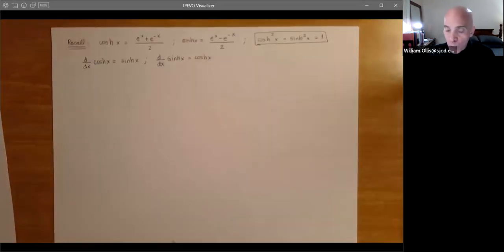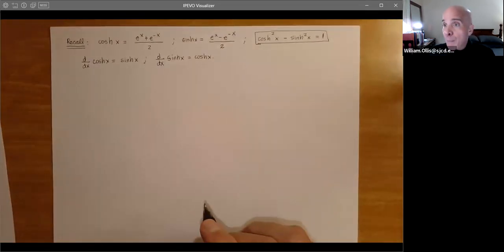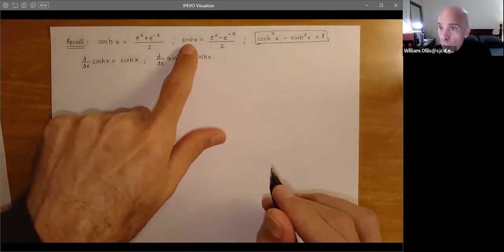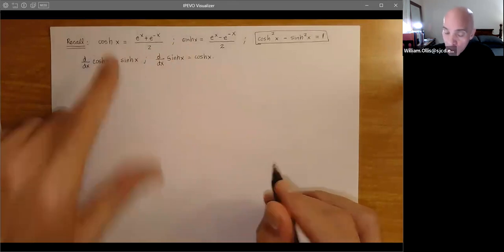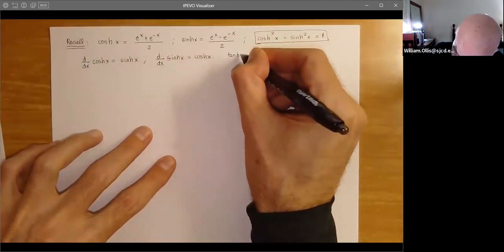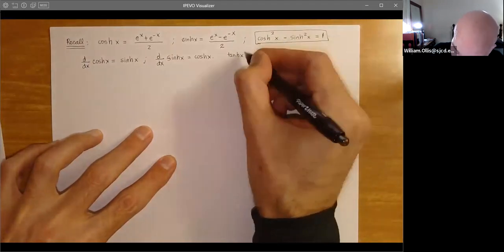And then, of course, you can take ratios and define hyperbolic tangent. So hyperbolic tangent would be the ratio of hyperbolic sine to hyperbolic cosine. You can also do hyperbolic cotangent.